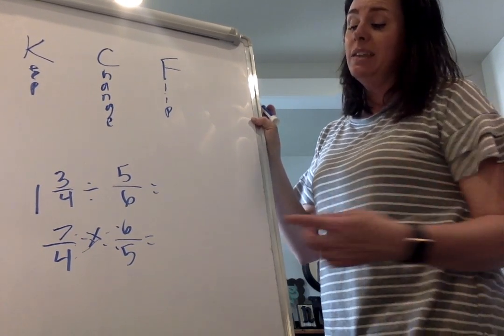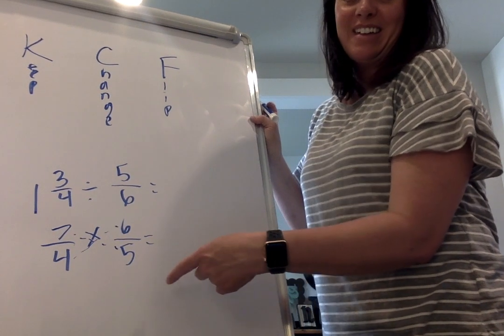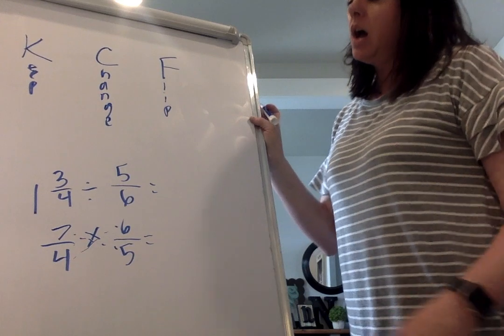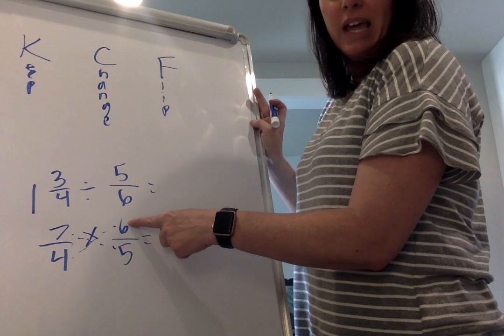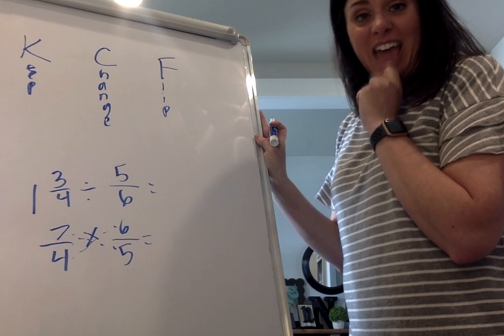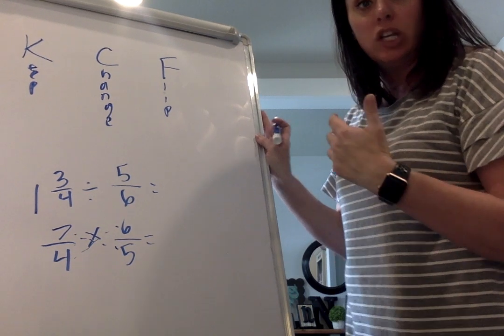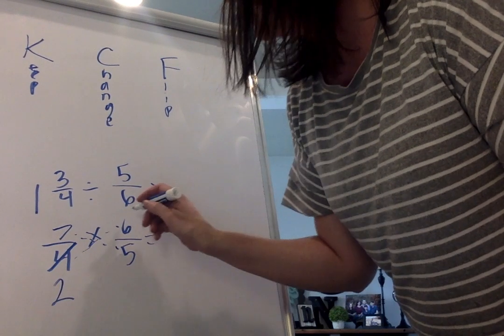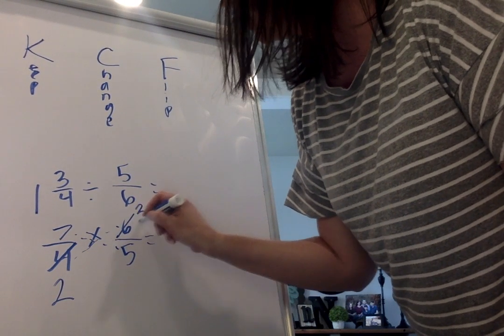No. The only thing they could be divided by is 1, and that would just give us 7 and 5. So those ones are good to go. 4 and 6, could those be divided by the same number? Yes, they could both be divided by 2. All right, so I'm going to divide this by 2. 4 divided by 2 is 2. 6 divided by 2 is 3.